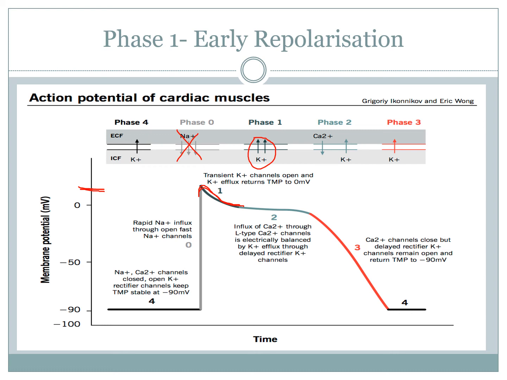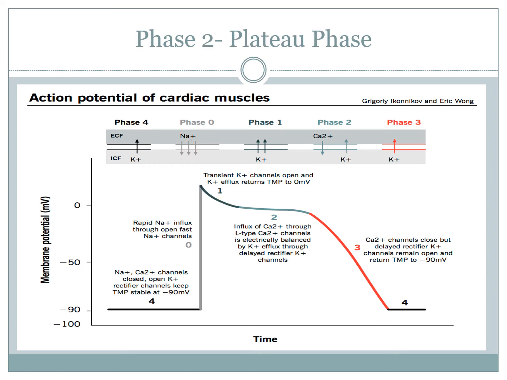When we look at phase 2, we have calcium and potassium leaving. The reason that is a very, very useful effect is calcium's slow. Calcium is a very slow moving ion, and the reason that is good is because we have this prolonged contraction.